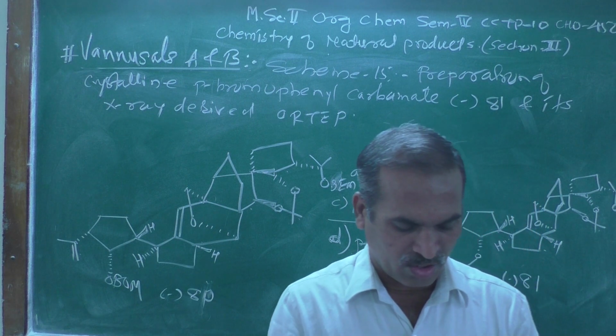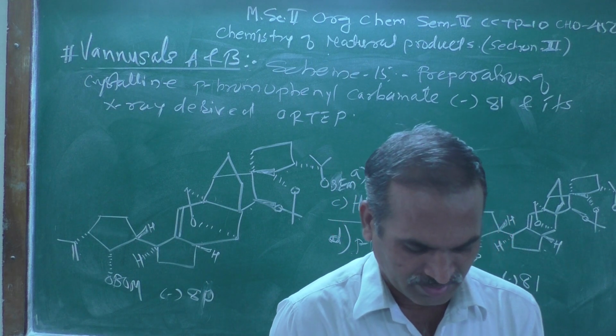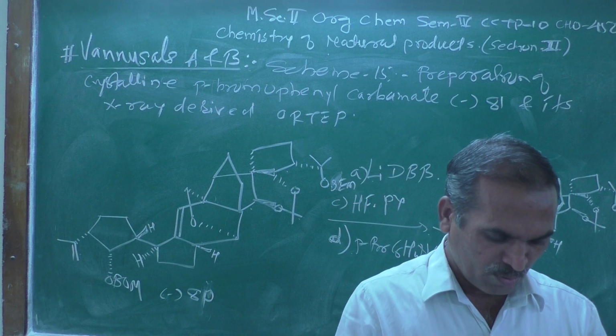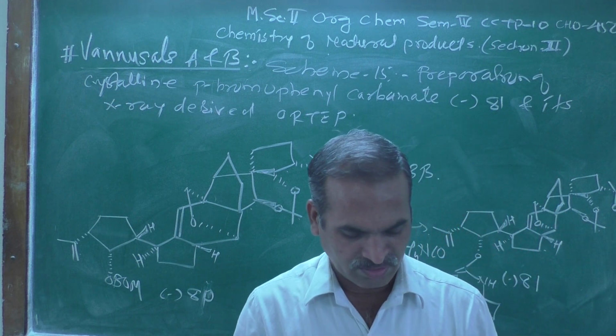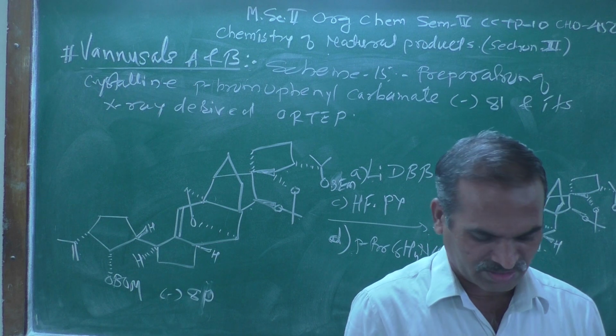X-ray crystallographic analysis of the latter compound, see ORTEP scheme 15, unambiguously confirmed its Vannusal-like structure, and by extension those of its precursors plus 78 and minus 80.